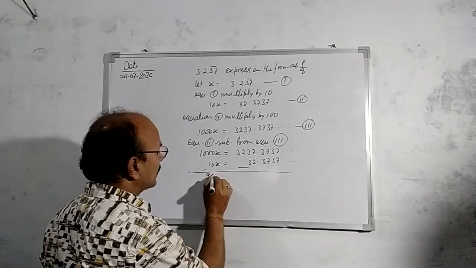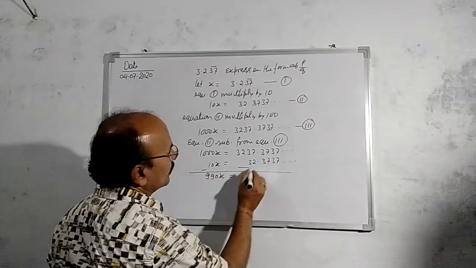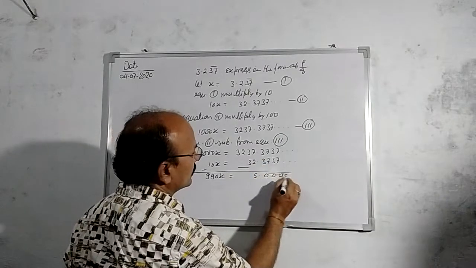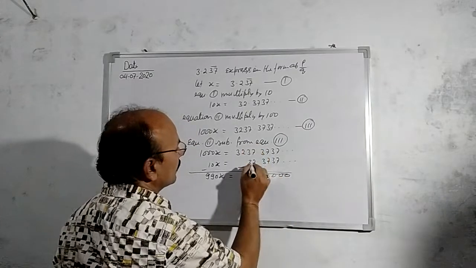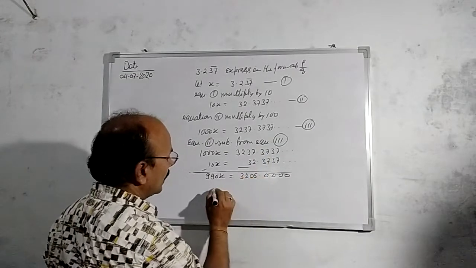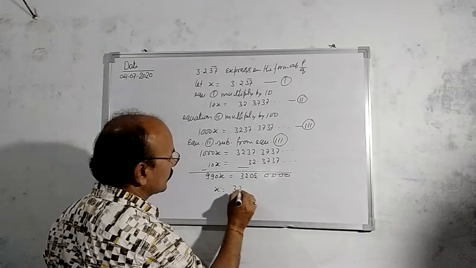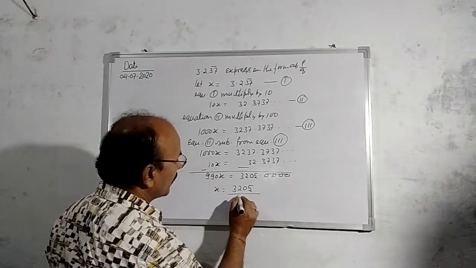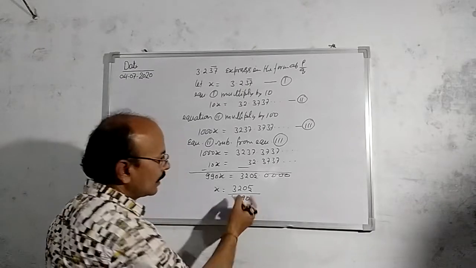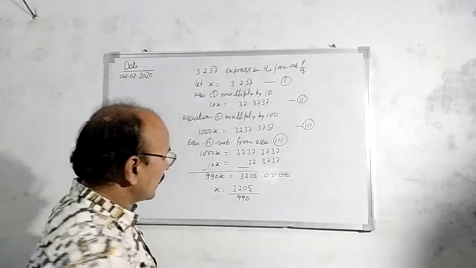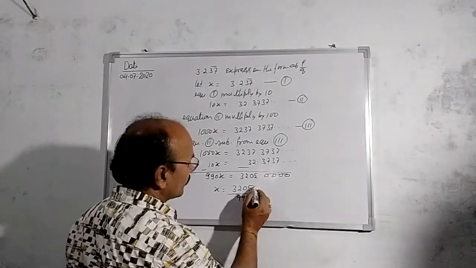So 990x is equal to 7 minus 2, 5, .000, 3 minus 3, 0, 3, and x is equal to 3205 upon 990. If this fraction can be simplified, then simplify it.